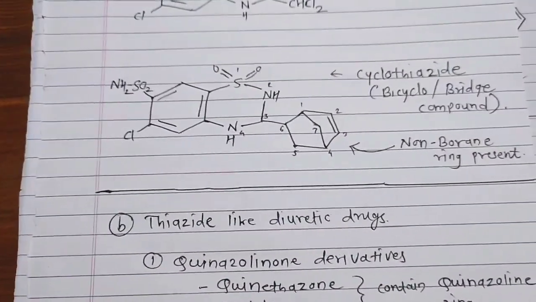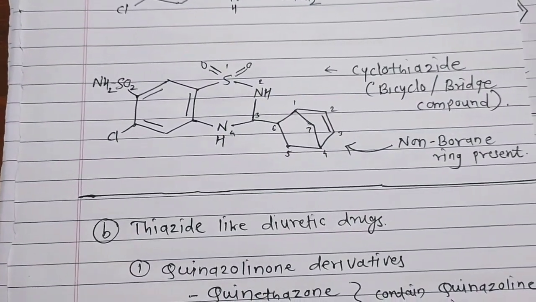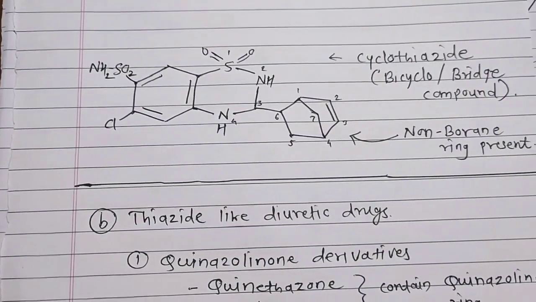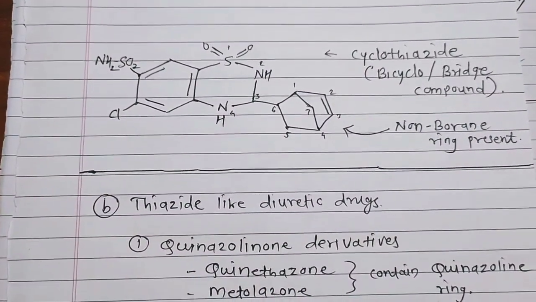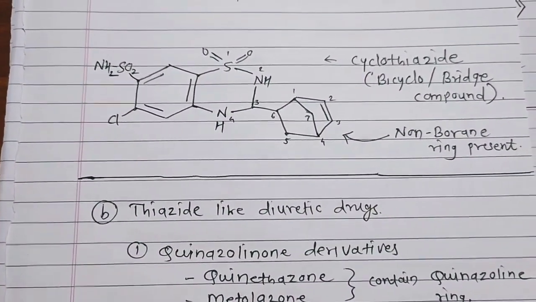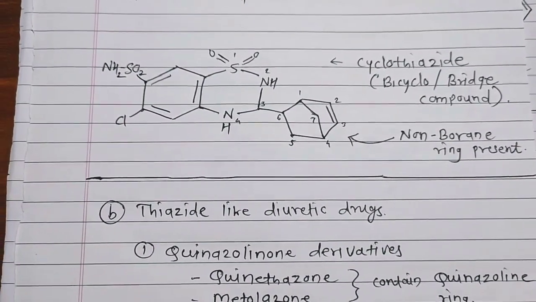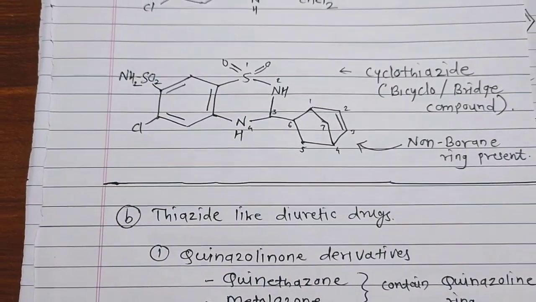The next drug we have is cyclothiazide. This compound is bicyclo, which is also called a bridge compound. And we have to remember, in this drug there is presence of the norbornene ring at the 3rd position.